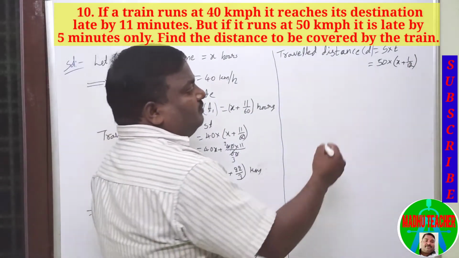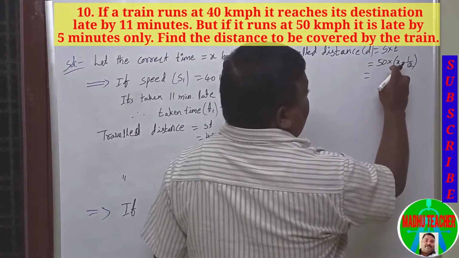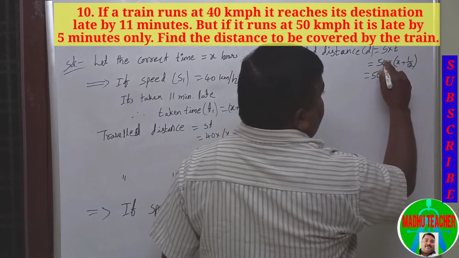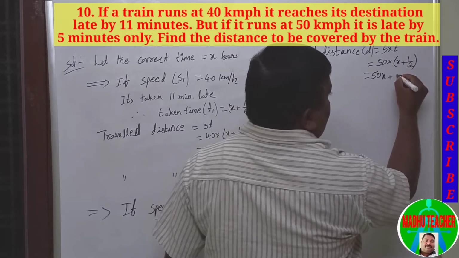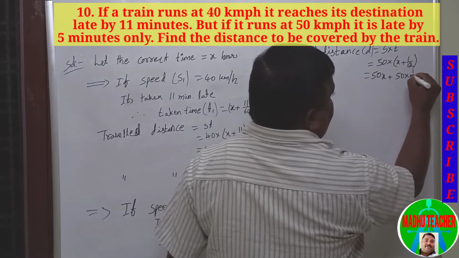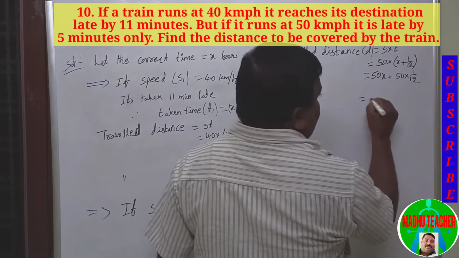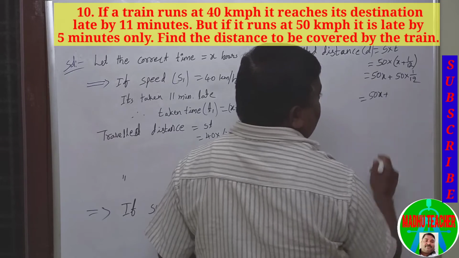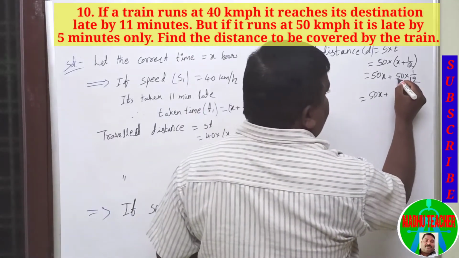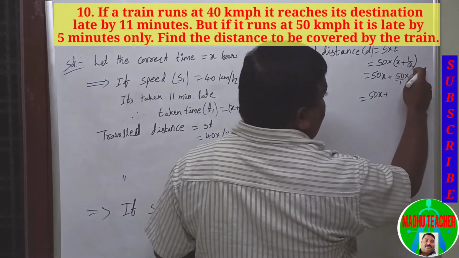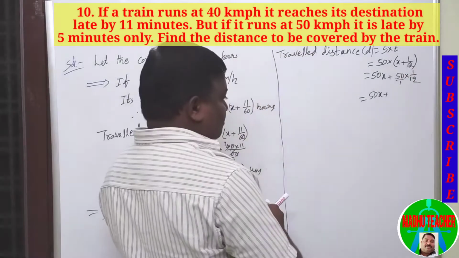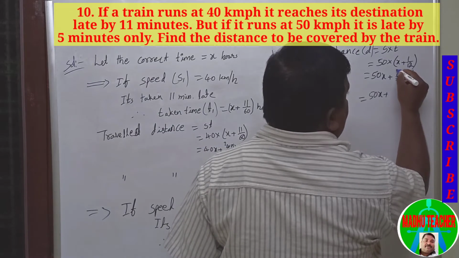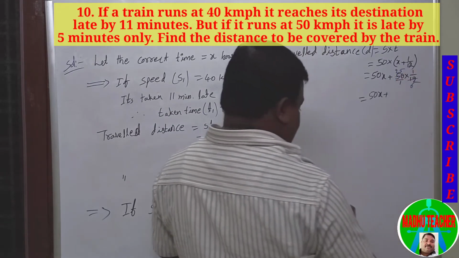By simplification, open the brackets: 50 into x, 50x plus 50 into 1 by 12. That equals 50x plus, here it is by 1; these two are in the numerator and these two are in the denominator, so we can cancel here. 2 6s are 12, 2 2s are 4, 2 5s are 10.